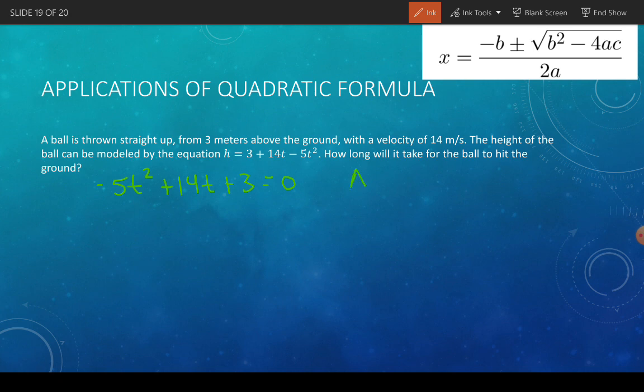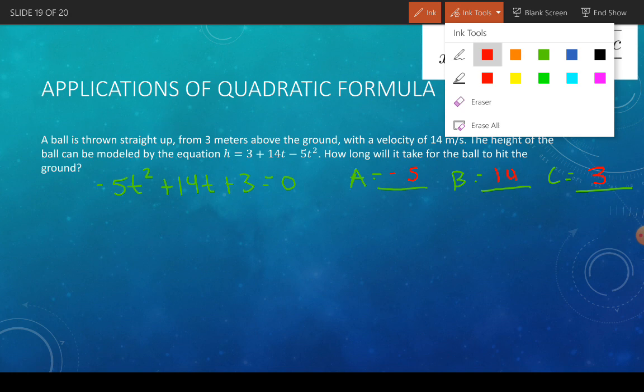We have to identify a, b, and c. So a is negative 5, b is 14, and c is 3. Now we can go ahead and plug these values into the quadratic formula.